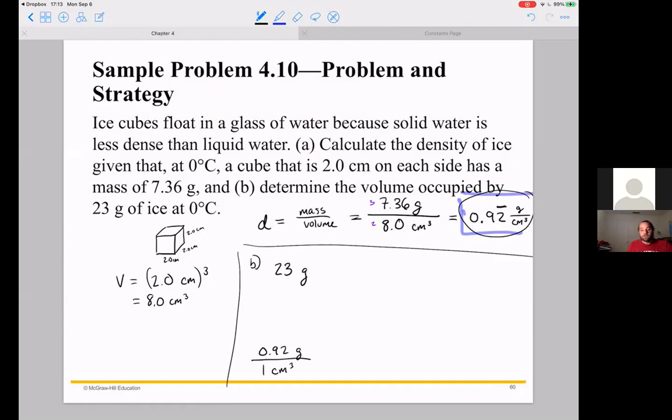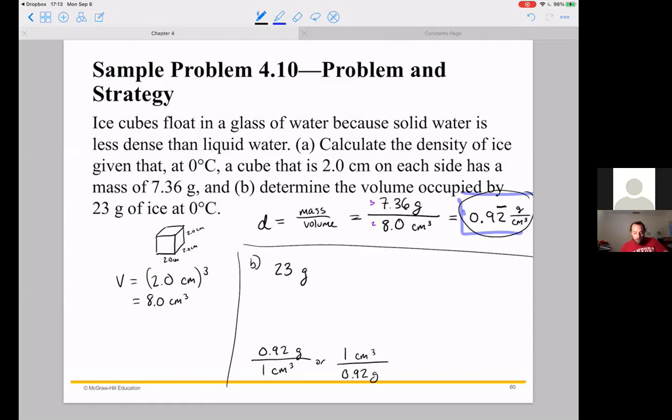That's a conversion factor that I know how to use. And same as with my other conversion factors, I can also flip it. So 1 centimeter cubed over 0.92 grams. Either of those can be used.